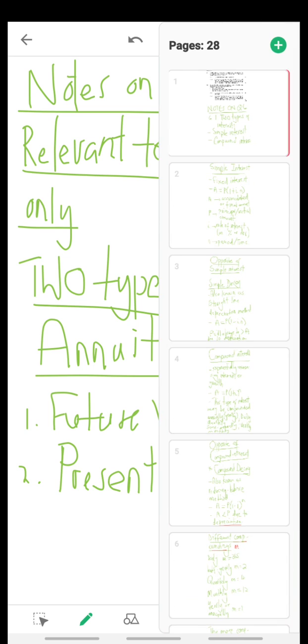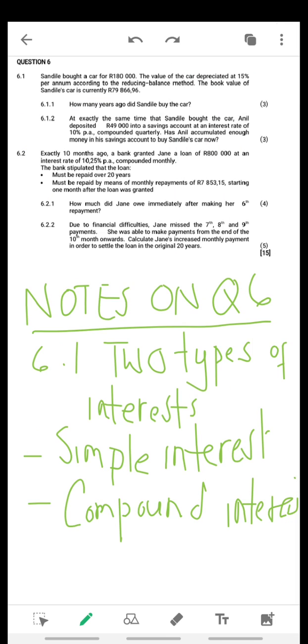Okay, then when I look at 6.2, now we're going for notes on 6.2. Exactly 10 months ago, a bank granted Jane a loan, underline a loan, of 800,000 at an interest rate of 10.25% per annum compounded monthly. What do we know? We know that if compounded monthly, then M will be equal to 12, okay? But the bank stipulated that the loan must be repaid over 20 years.